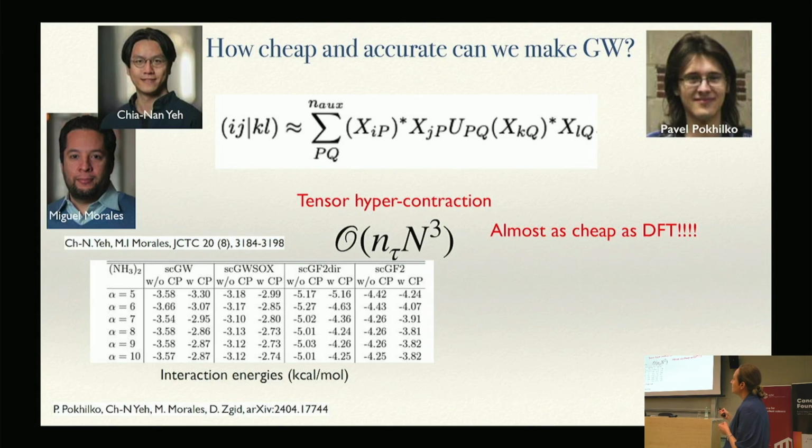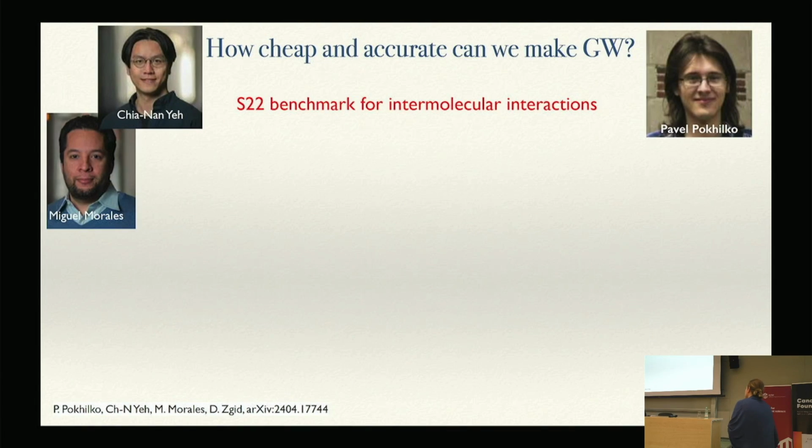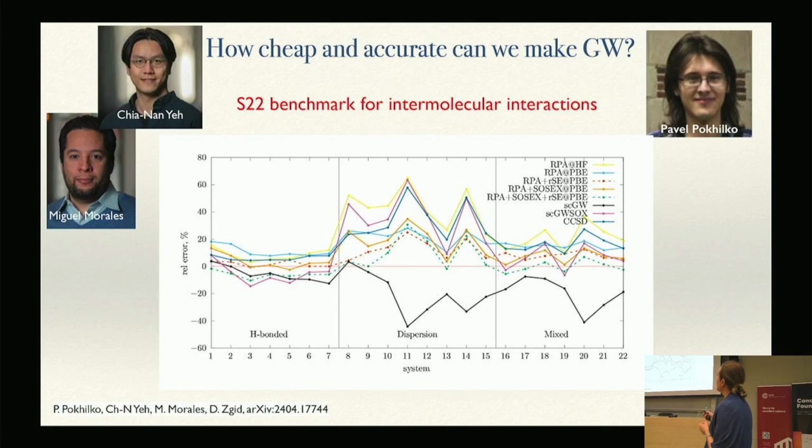We can converge this decomposition accurately enough to evaluate interaction energies. So Pavel, who is my postdoc, did this amazing work, and he calculated the S22 benchmark for intermolecular interactions with GW. It doesn't work that well, but nevertheless, he was still able to converge to such accuracy to use the supermolecular method to evaluate energies.